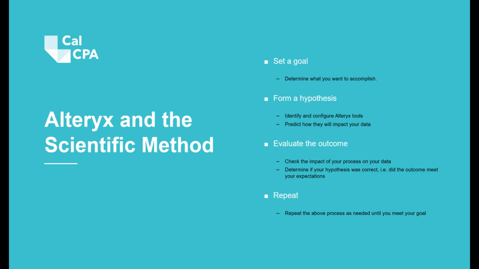From there, you run your workflow and check the results to see if your data processed according to your needs and expectations. If the answer is yes, you're done. But if you get an incorrect result, or if your workflow transforms your data in unexpected ways, you need to go back to step 1 and repeat the process until everything is working the way that it should.